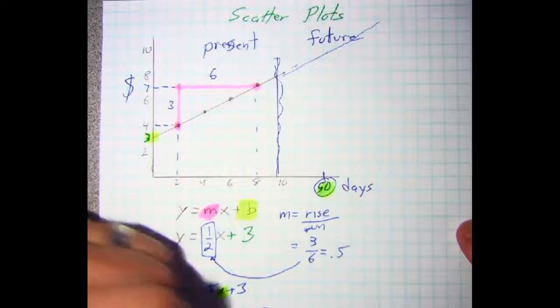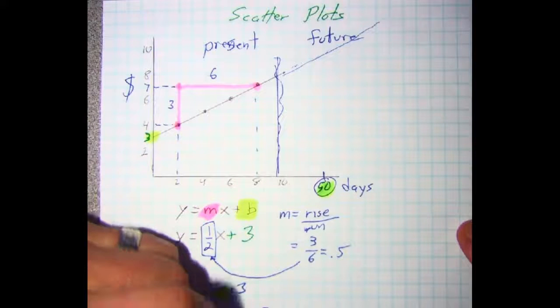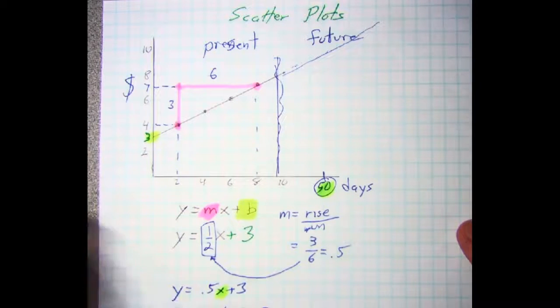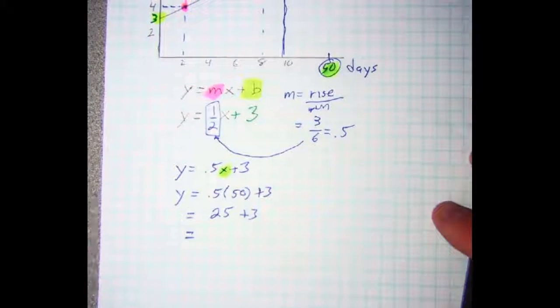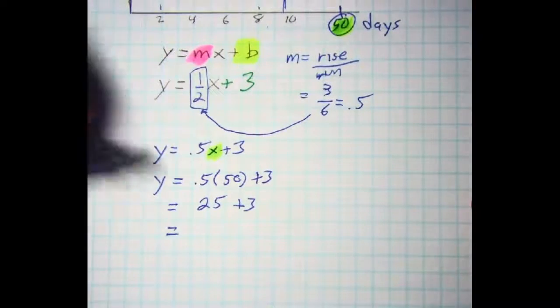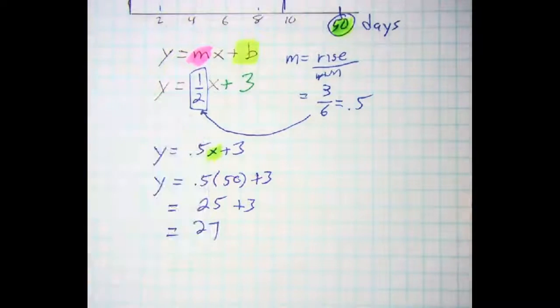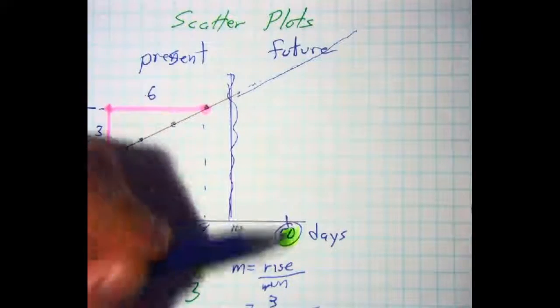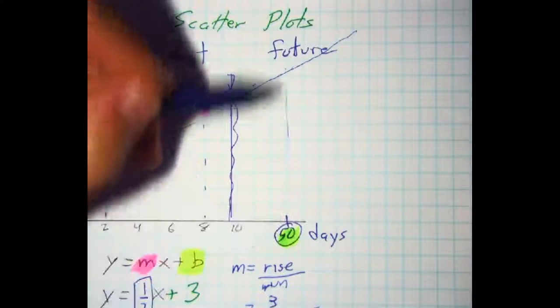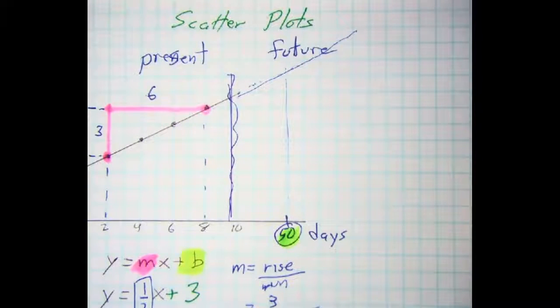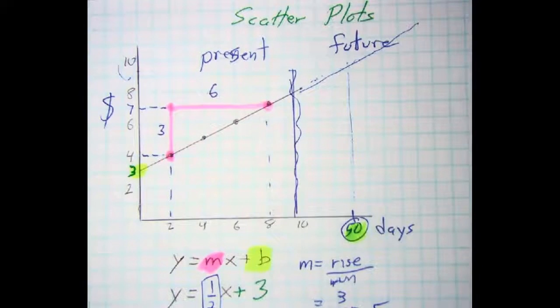So I know if I did extend it all the way, I would get an answer of 27 if I plugged it in. So if I extended this line all the way to 50, it would eventually cross at 27 on the y-axis.